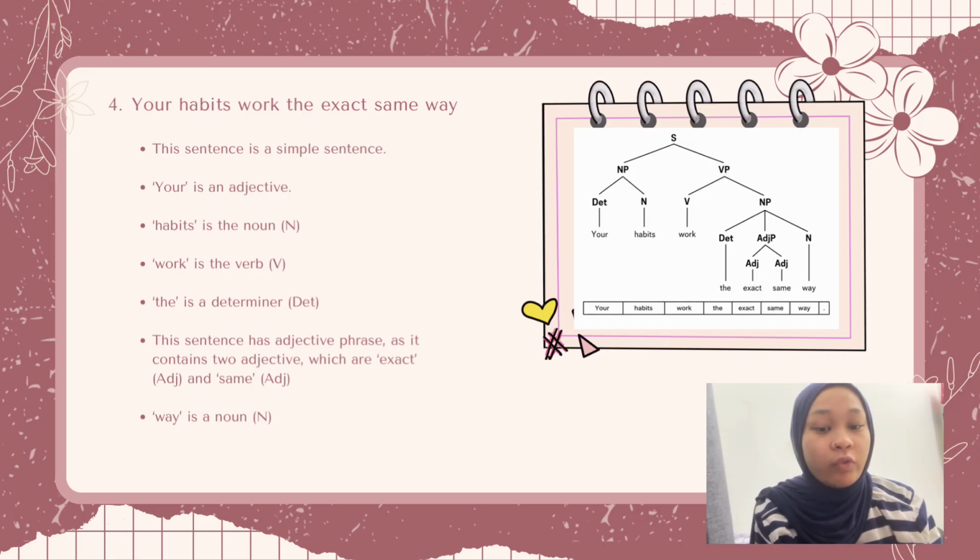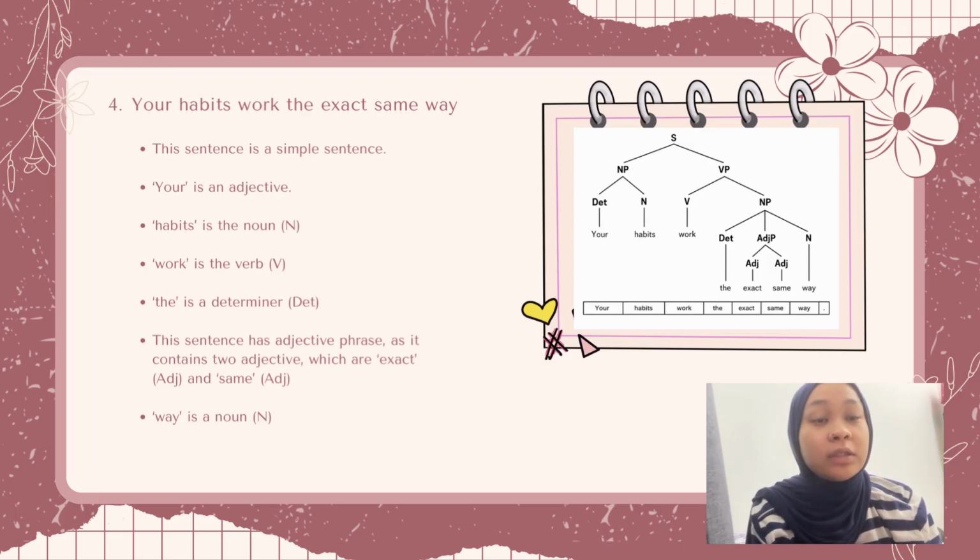So for the tree diagram for this sentence, we started with the sentence and then we divide it into two, which are the noun phrase and also the verb phrase. Under the noun phrase, we have determiner and also noun, where the determiner is "your" and the noun is "habits." Under the verb phrase, we have verb and also noun phrase, where the verb here is "work."